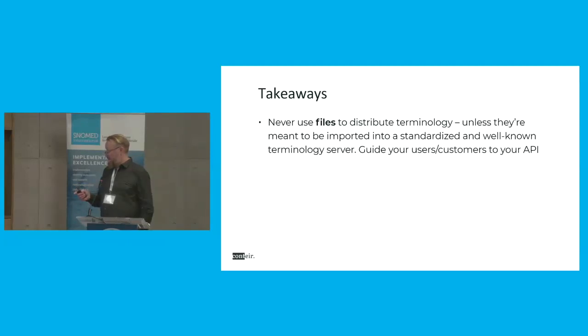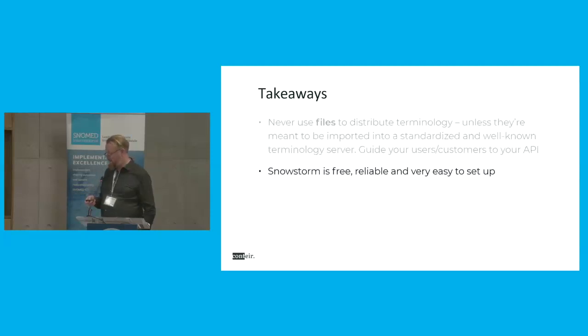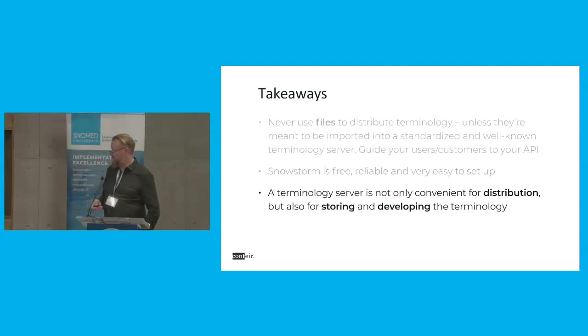Unless, of course, you exchange the terminology between standardized and well-known SNOMED CT terminology servers. As Eirik demonstrated, Snowstorm is open source. It's free and it's reliable and very easy to set up. So that should be one option you could consider.